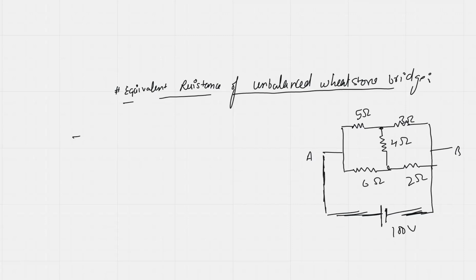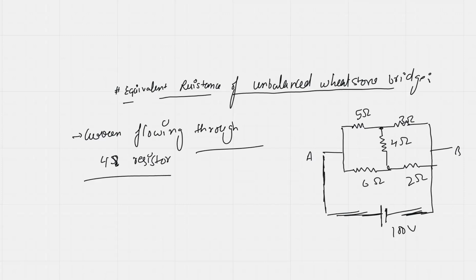It's better if you calculate the current flowing through the 4 ohm resistor. Can you solve this? I'm giving you 5 minutes at max.